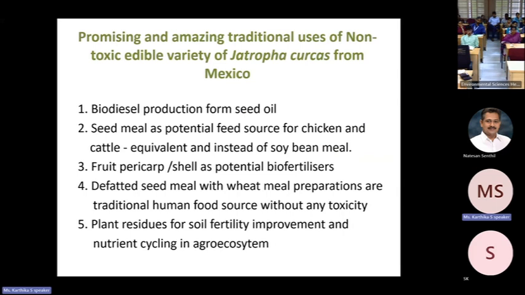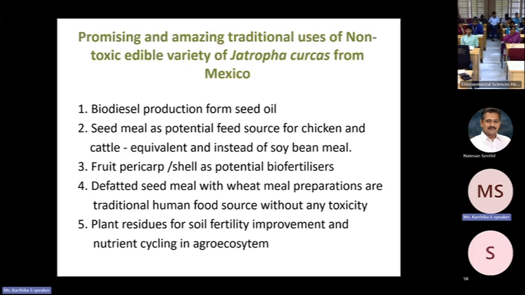What are all the products they have generated at the national and international level? Biodiesel production from the seed oil, and seed meal as a potential feed source for chicken and cattle, instead of soybean meal. That's the idea. Soybean meal is already costly, so we have to replace it; the protein quality, oil quality and palatability are almost equivalent to soybean.